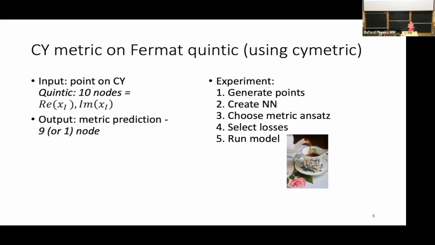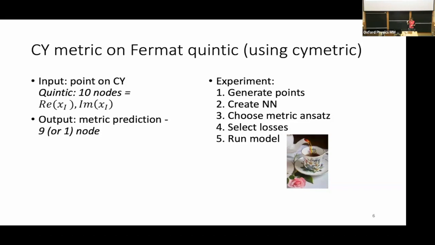No, but you can check. There's a function that you can use to check whether the point is on the Calabi-Yau. That's the thing that I will show. Yes, what could happen if the metric becomes something? You can get whatever, right? It will just not be meaningful. Good question, and I will comment on that a bit more.